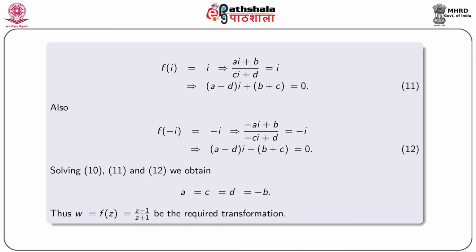Also, f of minus i equal to minus i gives (minus ai plus b) by (minus ci plus d) equal to minus i, that is (a minus d) into i minus (b plus c) equal to 0. So, solving equations 10, 11 and 12, we obtain a equal to c equal to d equal to minus b. Therefore, w equal to f(z) equal to (z minus 1) by (z plus 1) is the required bilinear transformation.